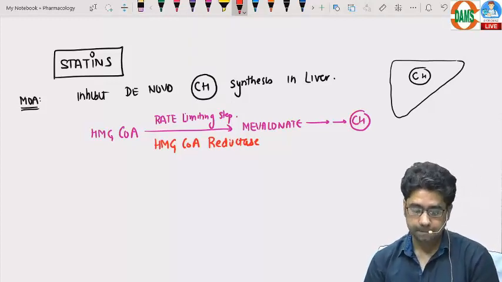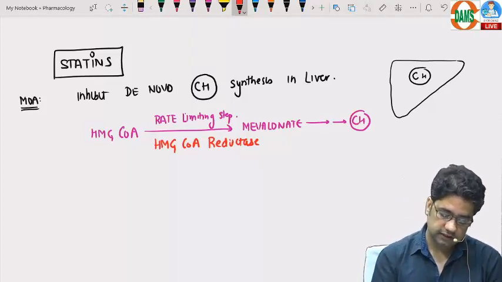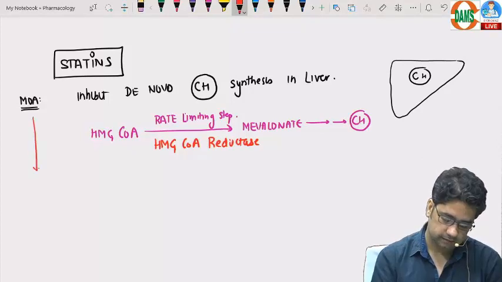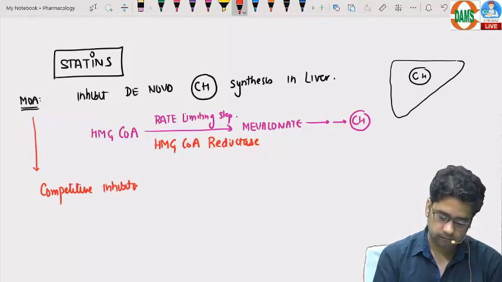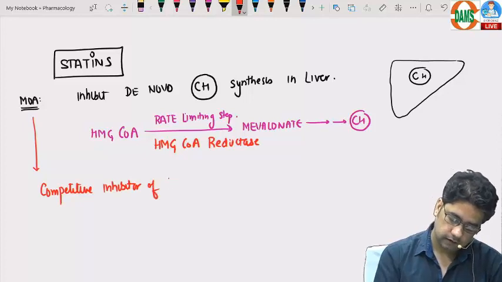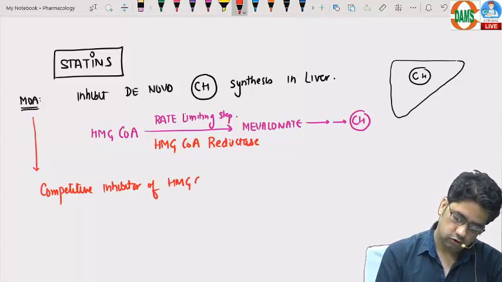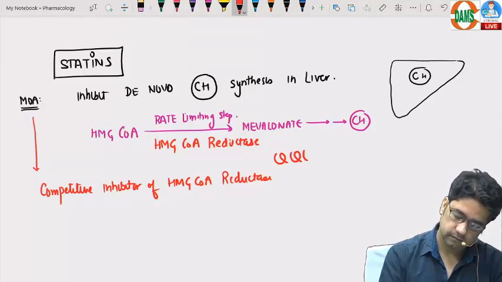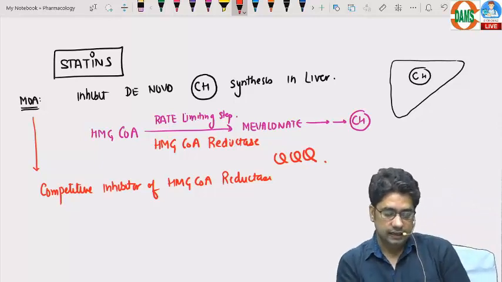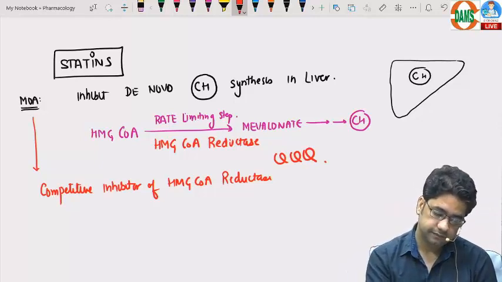So, statins, you will write, they competitively inhibit HMG-CoA reductase. This is a very commonly asked question. Statins, they inhibit this enzyme.